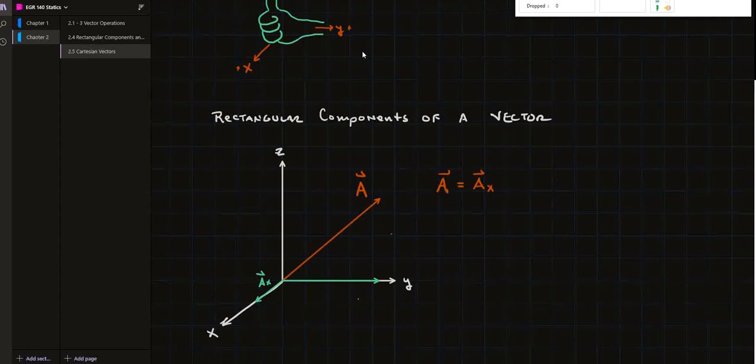Right now we have gone first in the x direction, and now we're heading in the y direction to this point.